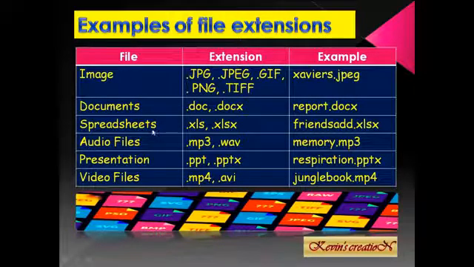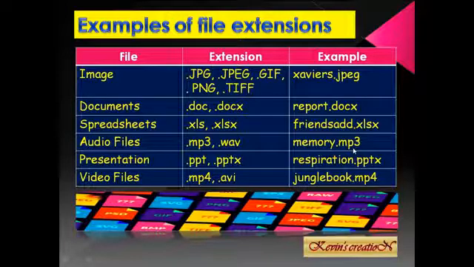For example, report.docx. Then spreadsheets, okay. Whenever we work in MS Excel, all the files are saved with this extension, XLS or XLSX. For example, friends add. Suppose you have created a file with your friends' addresses, so this is saved with the extension .xlsx. Audio file, you know that all the music files are saved with .mp3 or .wav, memory.mp3.